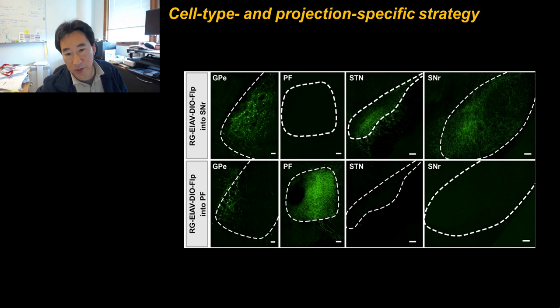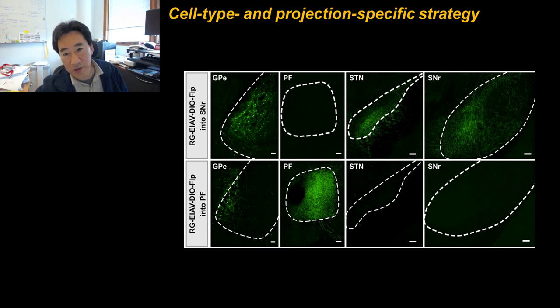When we do that, we found that the neuron projecting to SNR doesn't go to the parafascicular nucleus. And then we also found that globus pallidus parvalbumin neurons projecting to the parafascicular nucleus don't go to the SNR or STN.